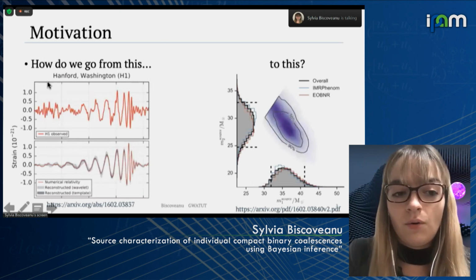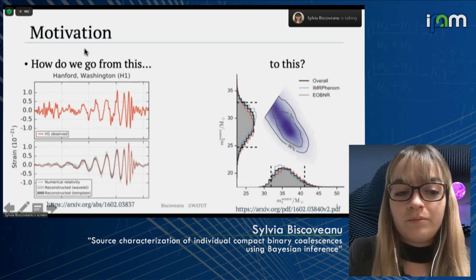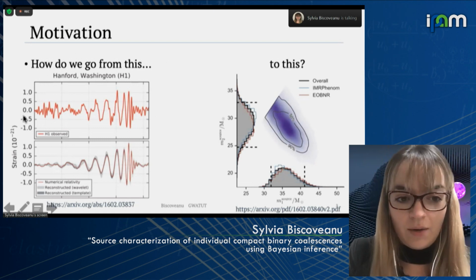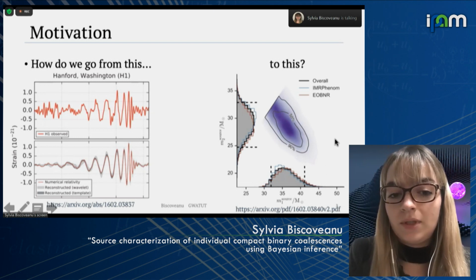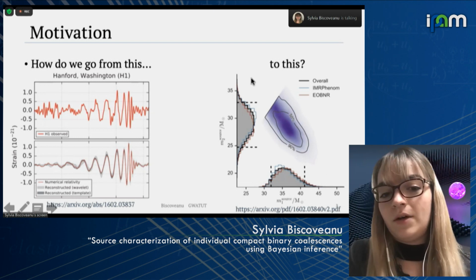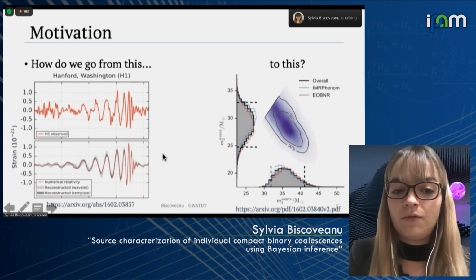So our goal with Bayesian parameter estimation is to go from the strain that we see in the detectors and turn it into some probability distribution for the parameters characterizing the source that the gravitational wave we observed came from.